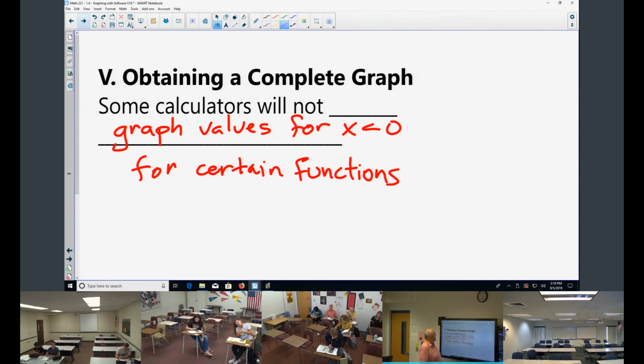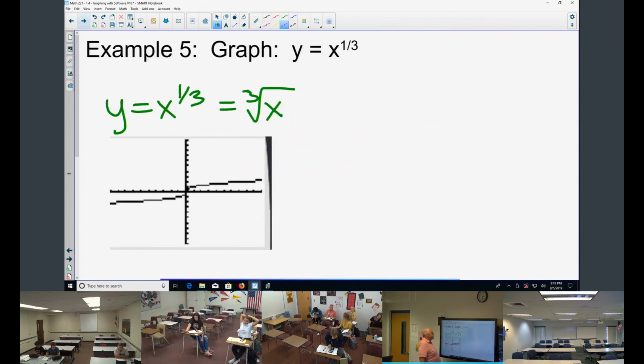So what am I talking about here? Well, put this into your y1. I know this is an example, but I want you to see that we have either put it in as y equals x to the 1/3 or the cube root of x.